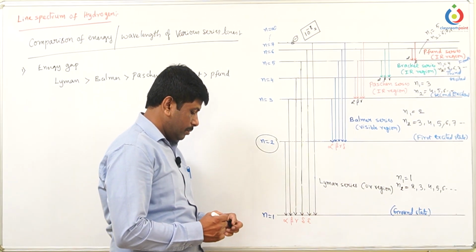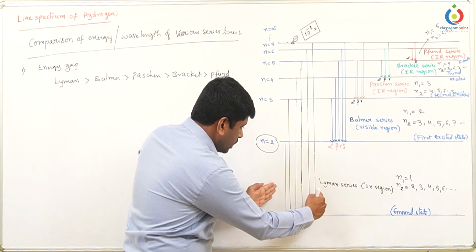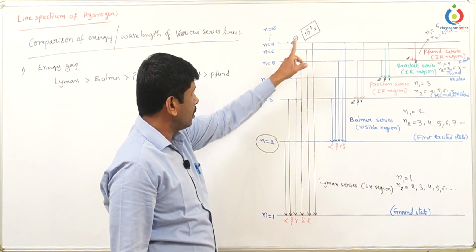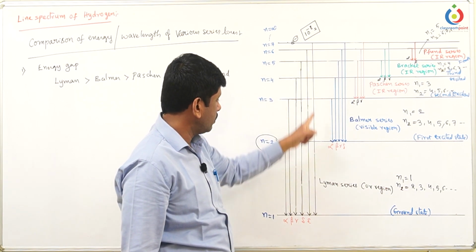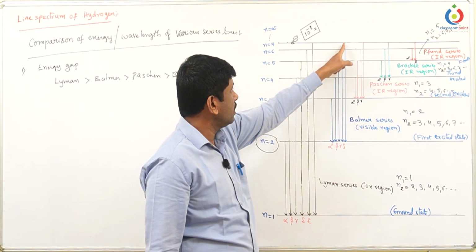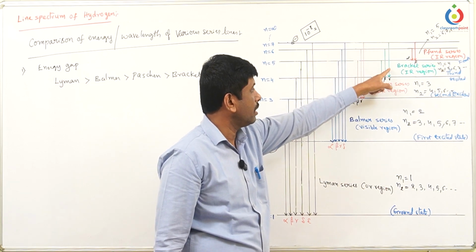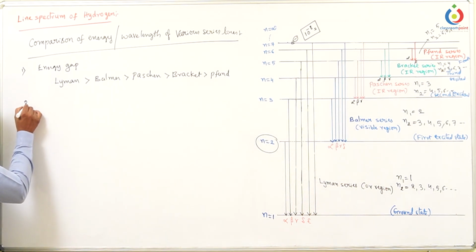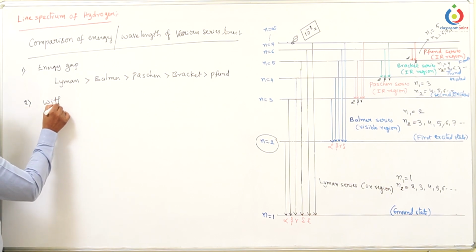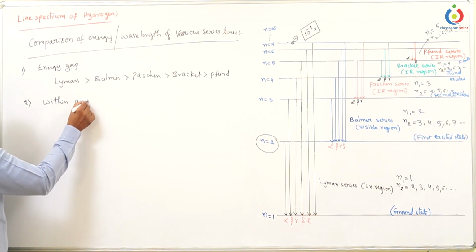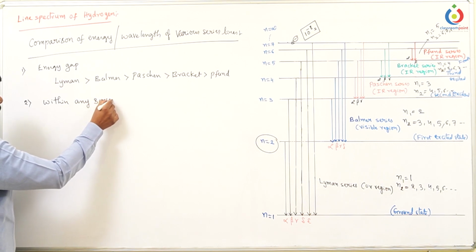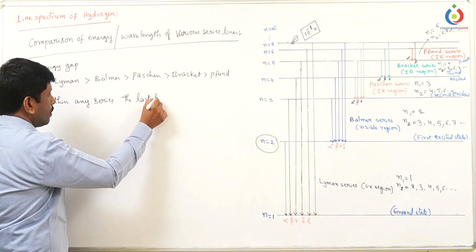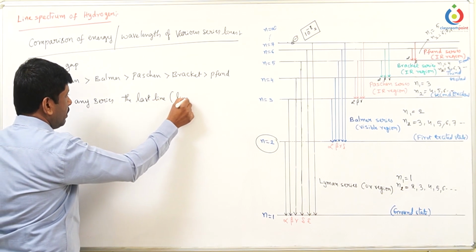Now if you compare the lines within any series, the last line, here it is the last line, in this case let us imagine this is the last line, here this is the last line. So within any series, the last line is what is called the limiting line.